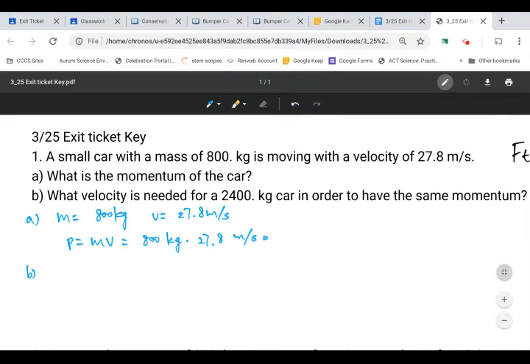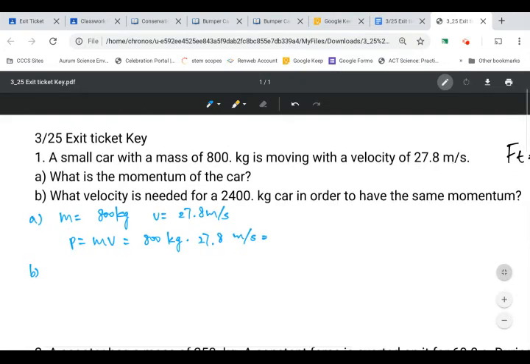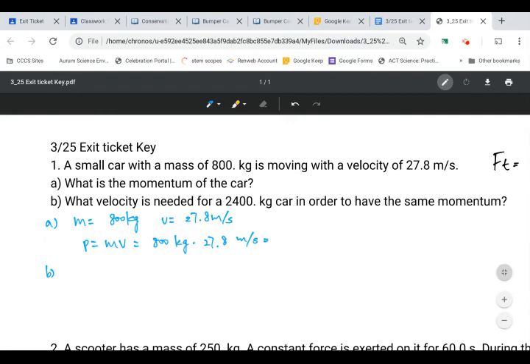What velocity is needed for a 2400 kilogram car in order to have the same momentum? Okay, so I do need to find the momentum, the first part. So your momentum is 22,240 kilogram meters per second.